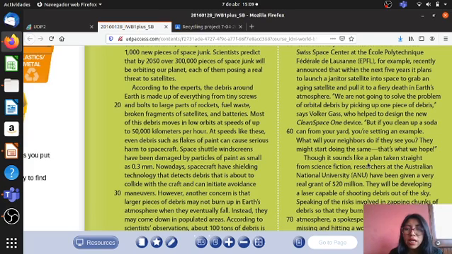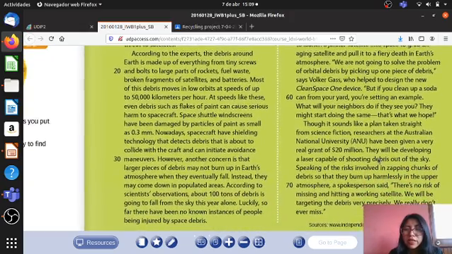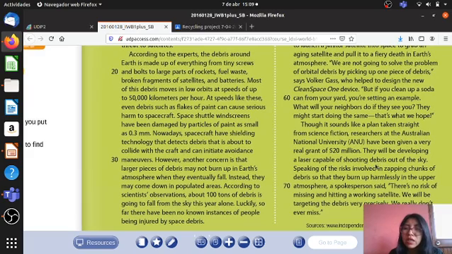Though it sounds like a plot taken from science fiction, researchers at the Australian National University, ANU, have been given a very real grant of 20 million. They will be developing a laser capable of shooting debris out of the sky.